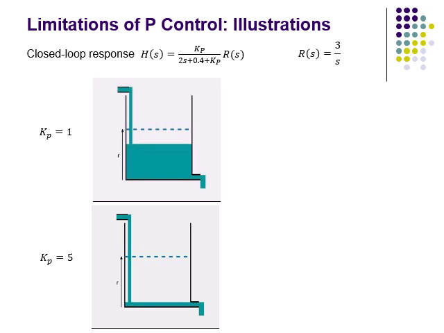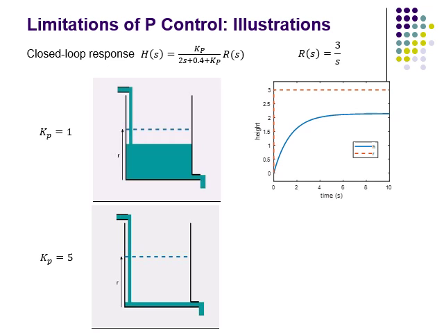So we can see that the height of fluid in the tank will increase due to the action of the control system. And if we plot the graph showing how the input and output change over time, the dashed line here is the reference R, and the blue line is the height of fluid.